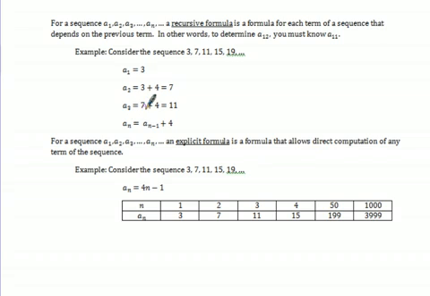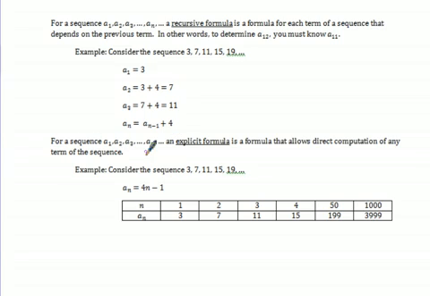The third term is equal to 7, which was the previous term, plus 4, to give us 11. And so we could say in general that any term in that sequence, A sub n, is going to be equal to A sub n minus 1, meaning the term before, plus 4. And so really that's just a fancy, maybe actually complicated way of describing what the pattern is in the sequence.